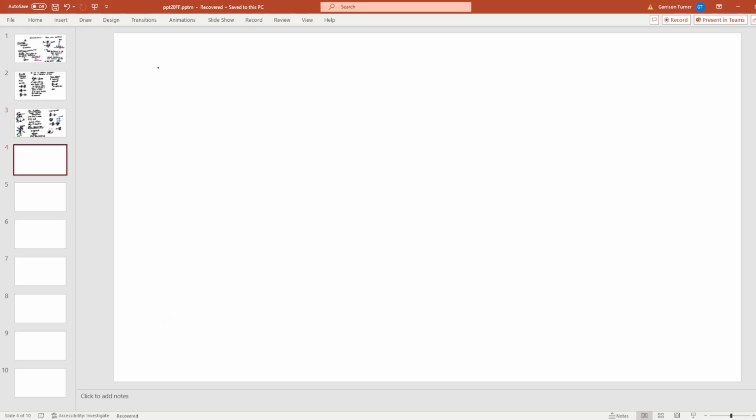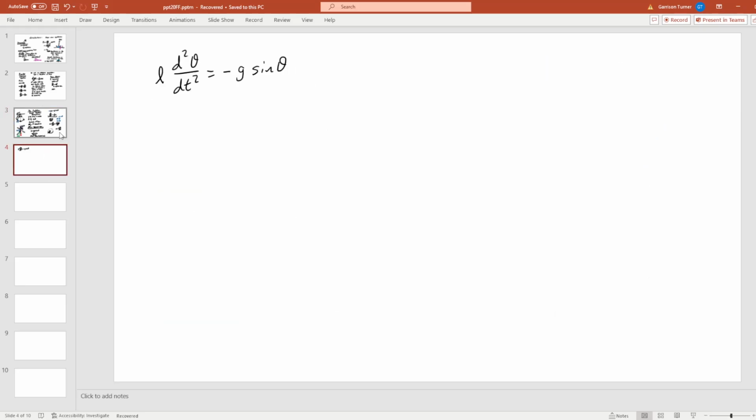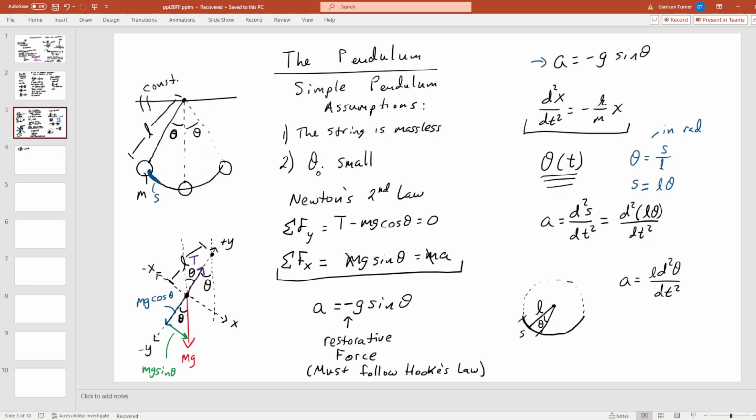So now our equation looks like this. L d squared theta dt squared is equal to negative g sine theta. And now we're actually starting to see something that looks a little bit like Hooke's law. There's still the sine theta we need to handle.